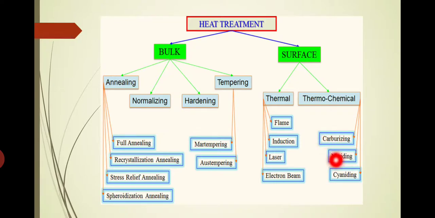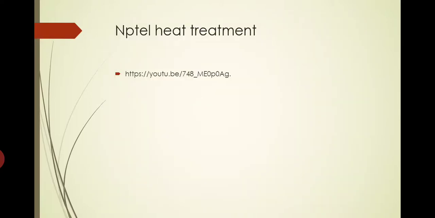Like that, nitrogen will be diffused into the surface by chemical reaction, by providing the required temperature and all. So based on the diffusion methods, thermochemical surface heat treatment is further classified as carburizing, nitriding and cyaniding. Okay.